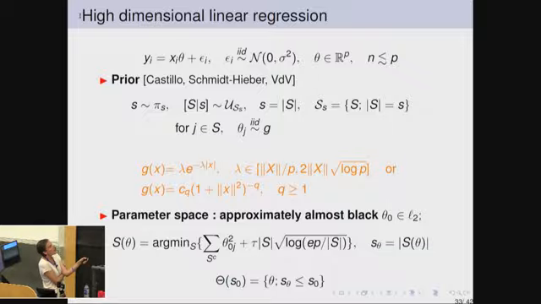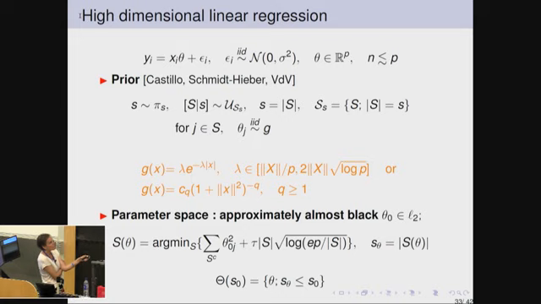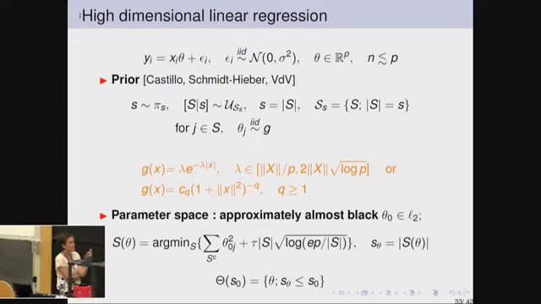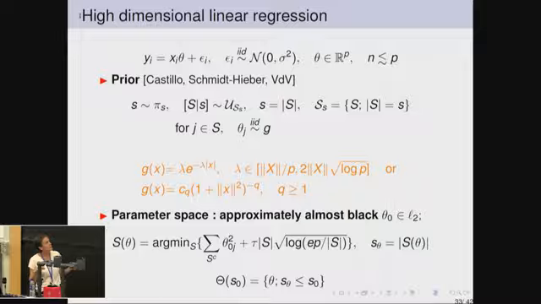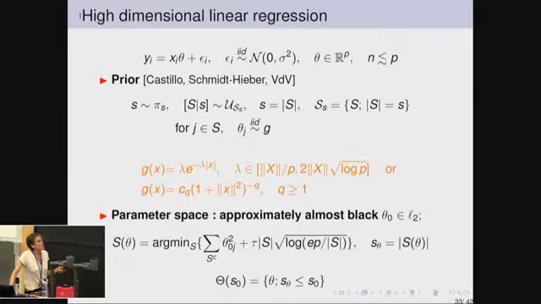And then for these priors, you can prove posterior concentration rates and all that sort of thing for parameters that are sparse. What I mean by sparse is that if I look at large coefficients, so coefficients that would be of order greater than square root of log p divided by square root of n, here the formula is completely wrong, I don't know what I did here, then this set of large coefficients has to be small.